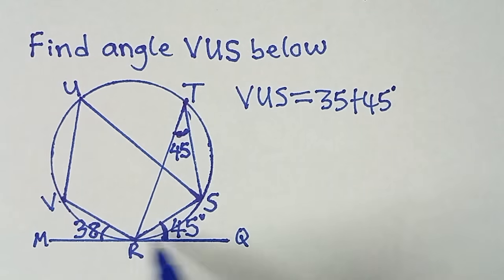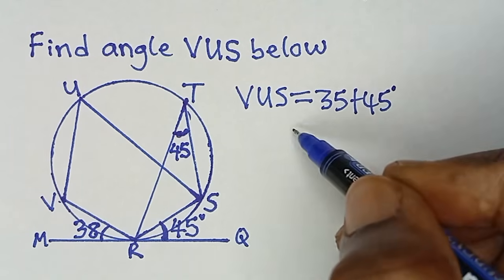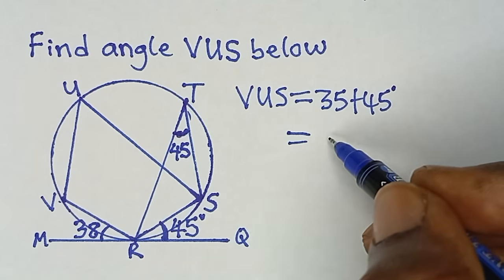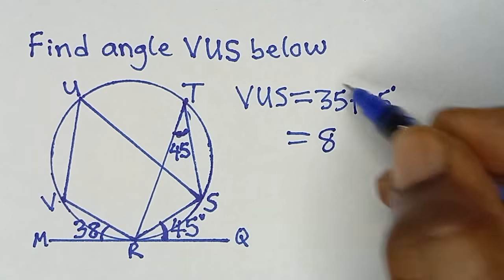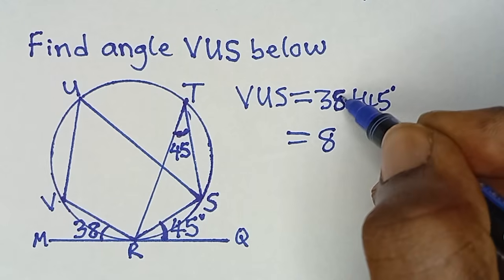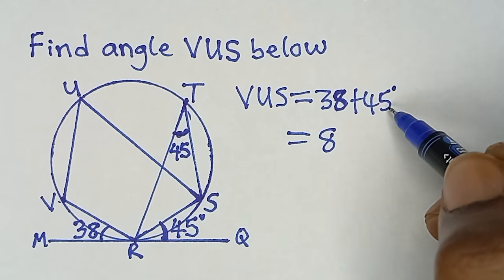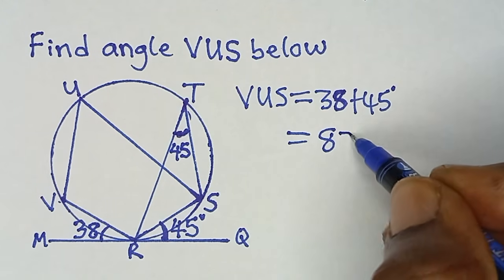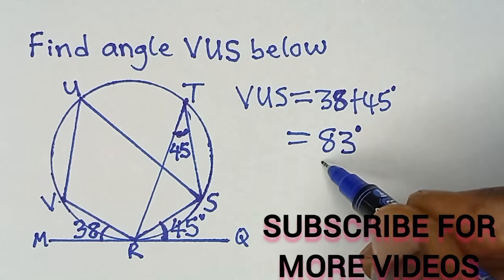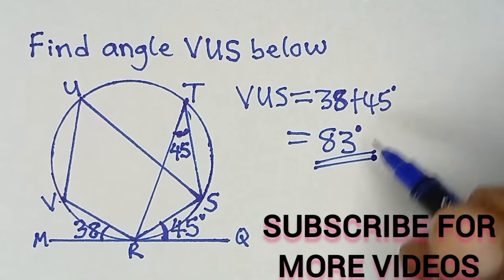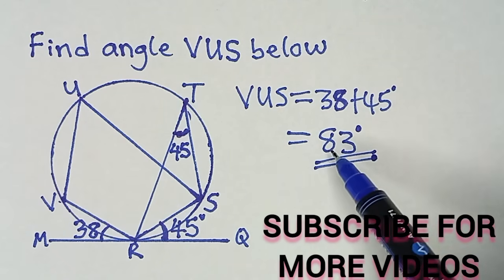That is, this 38 plus this 45 will give us angle VUS. This is 38. So 38 plus 45 will give us 83 degrees. So angle VUS is 83 degrees. So it's as simple as this.